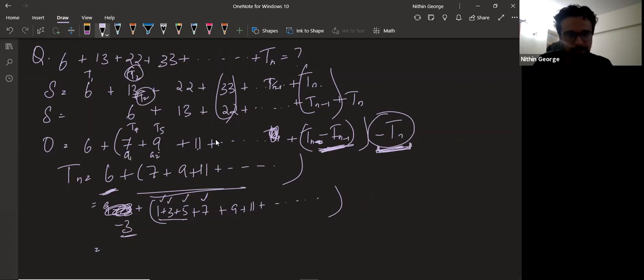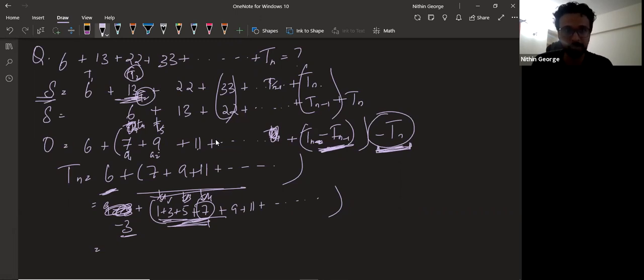But then this is the fourth term of this AP. Okay, so I'll call it small t. T4 is 7, T3 is 5, T1 is 1. So here, this term will be which term over here? The seventh term is the fourth term of this AP, which is the second term of this summation.